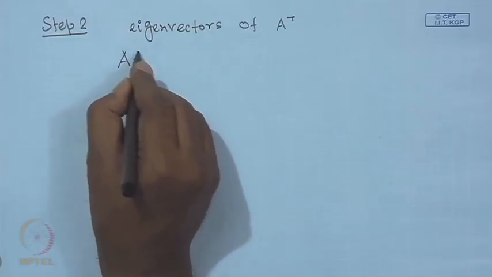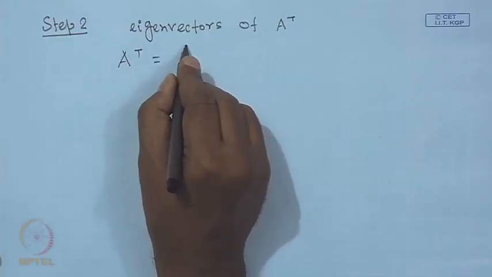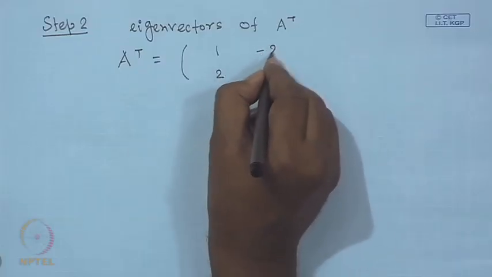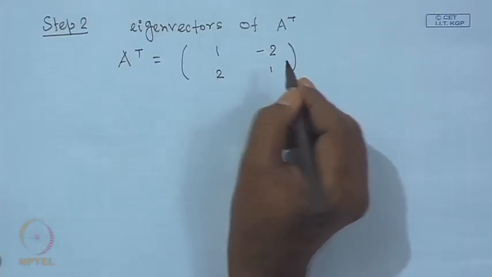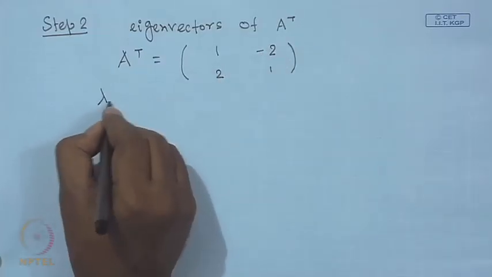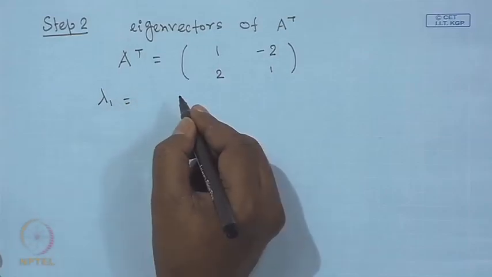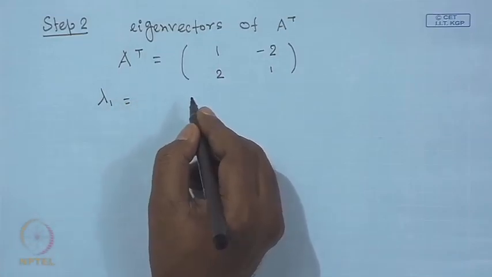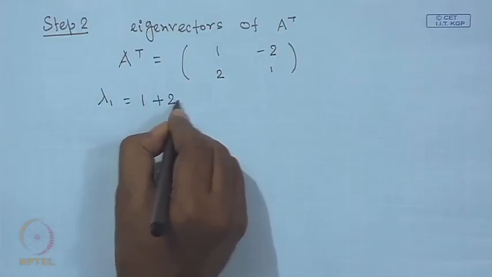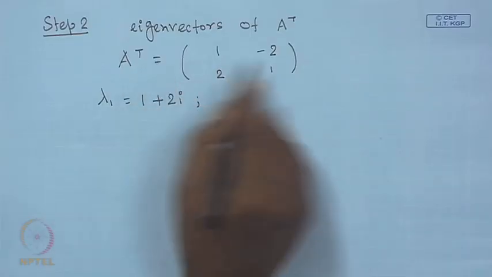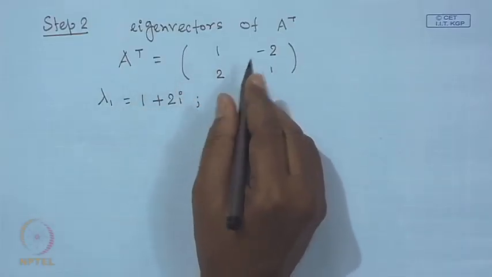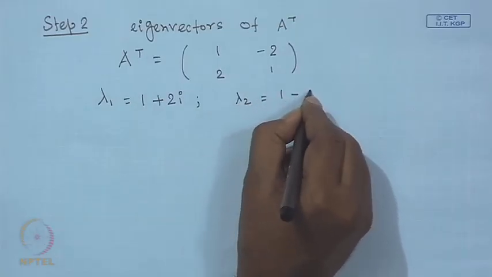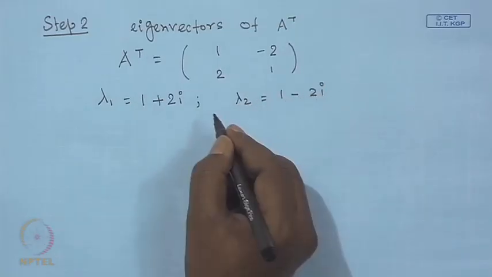If you look into the A transpose, this is the transpose matrix, 1, 2, minus 2, and 1. So, lambda 1 and lambda 2 remain the same, because we already proved the eigenvalues of A and eigenvalues of A transpose are identical. So, they remain the same, only the transpose matrix elements will be interchanged, rows become columns. Lambda 2 becomes 1 minus 2 I, they are identical.